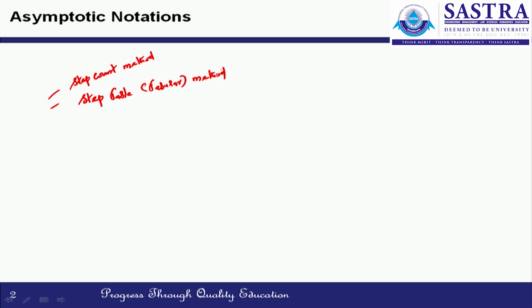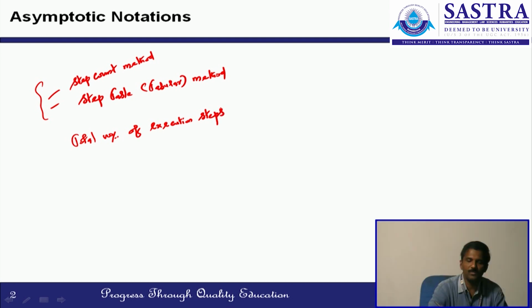In the step table method, we construct columns: algorithm steps, steps per execution, frequency, and steps per execution times frequency. We sum the last column and obtain the total number of execution steps of the given algorithm.